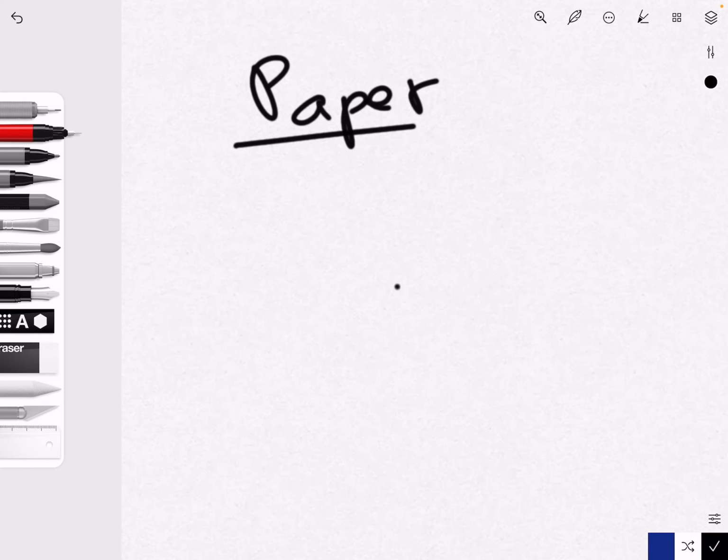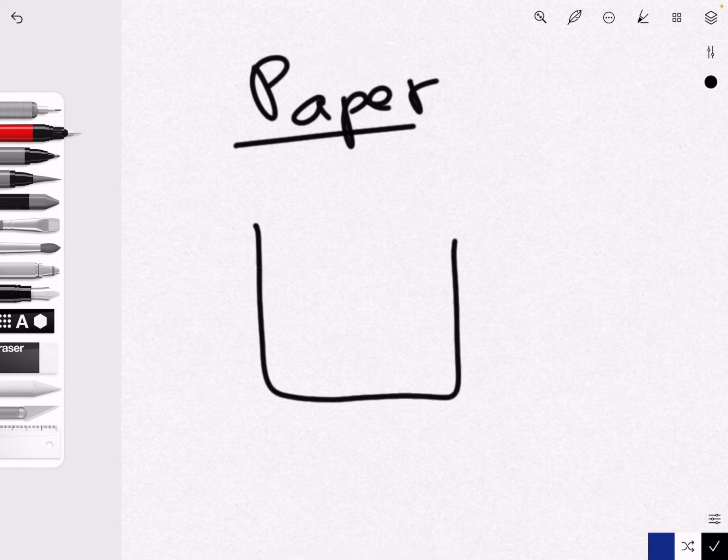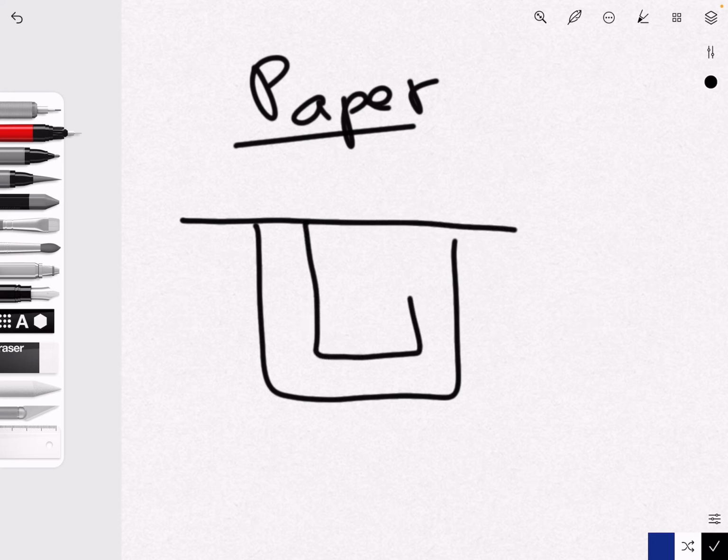So in paper chromatography, you'll typically have a beaker with possibly a stirring rod or a pencil, which will hold up a sheet of paper.